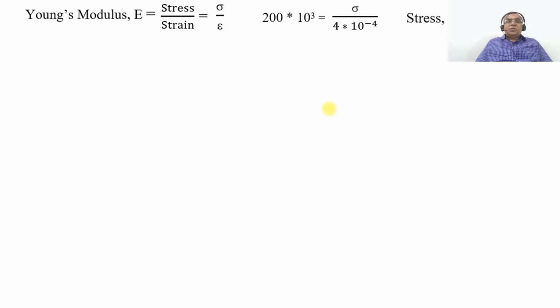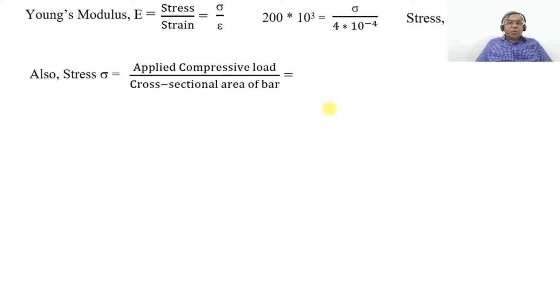Once you get the value of stress, we know the stress is the applied compressive load divided by the cross-sectional area of the bar. So the applied compressive load is P by capital A. We know the calculated value of stress and the area of the cross-sectional bar, so we can find out the applied compressive load.